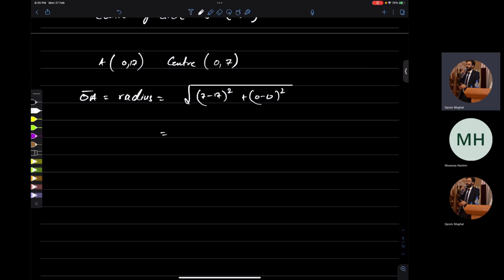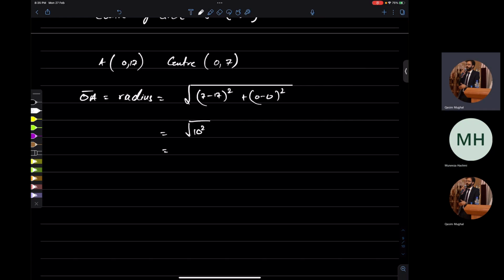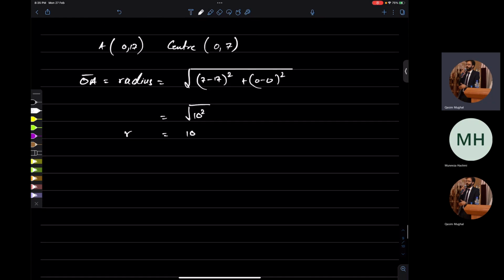Okay, so you can write this down as the root of 10 squared, which will leave you with just 10. So the radius is 10.